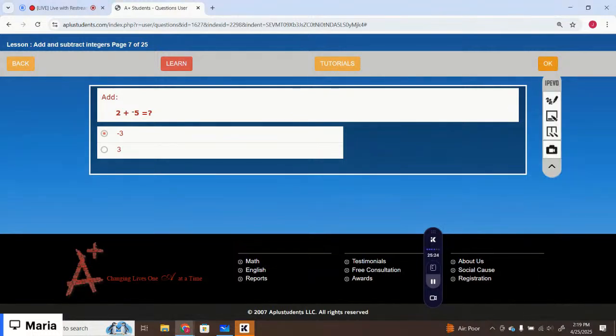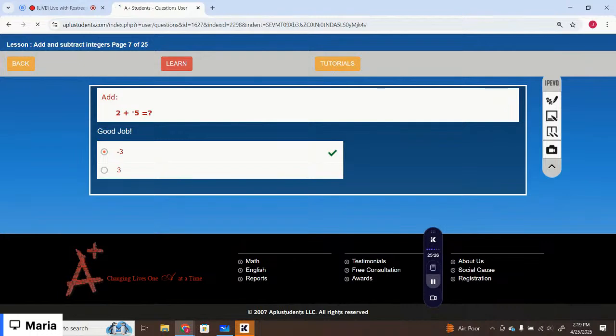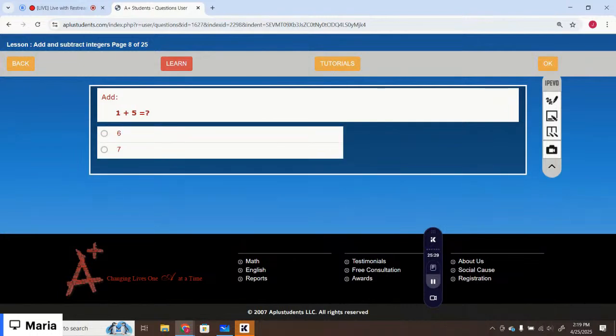Option number 1 is the correct option. That is -3. 1 plus 5. 1 plus 5 is 6. Option number 1 is the correct option.